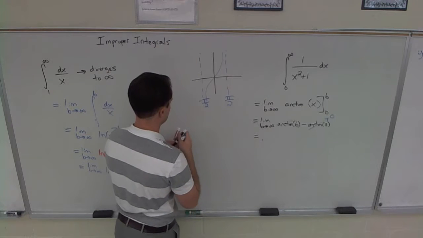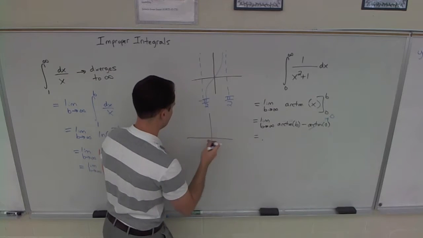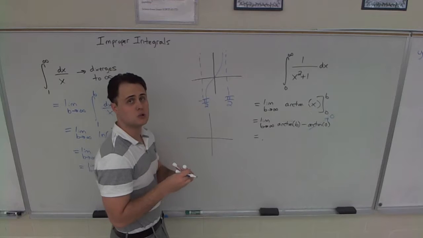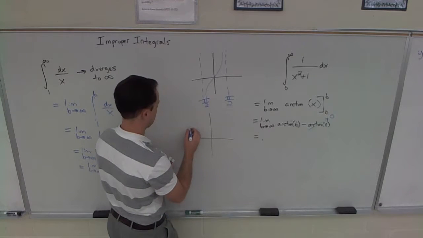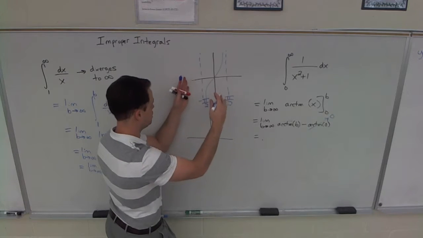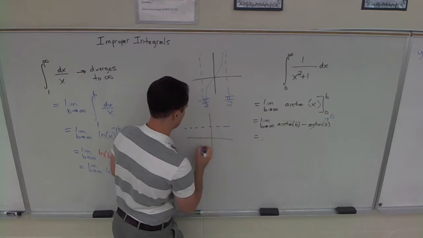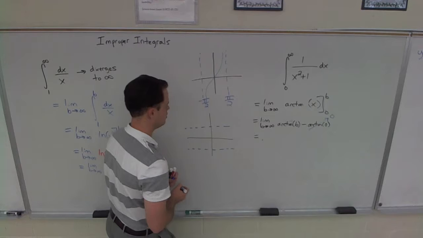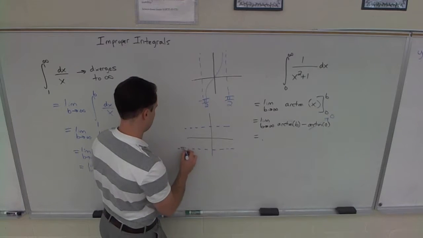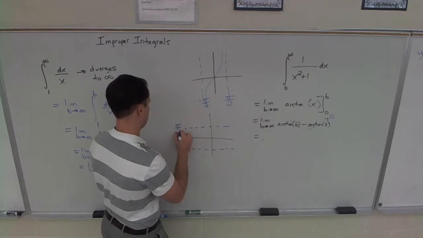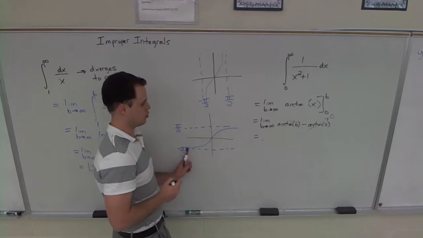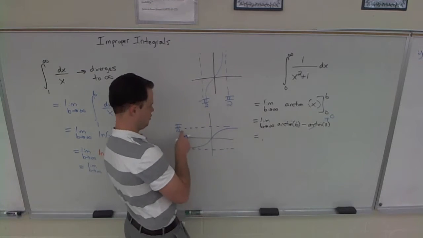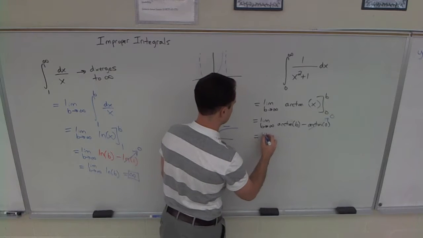Arctangent looks like this, if you remember, a little harder. But you should know from inverse functions that you switch y and x, so arctangent is going to be a 45-degree rotation, which is going to lead to these values. So we're going to have negative pi over 2, it goes like this. So what is its limit as you approach infinity? That asymptote. This is equal to pi over 2.